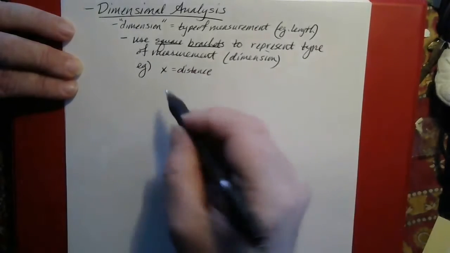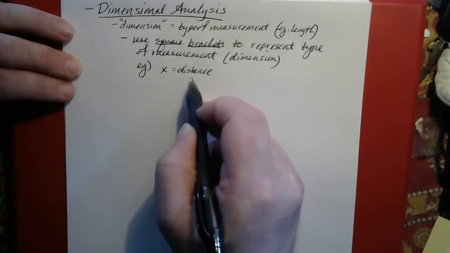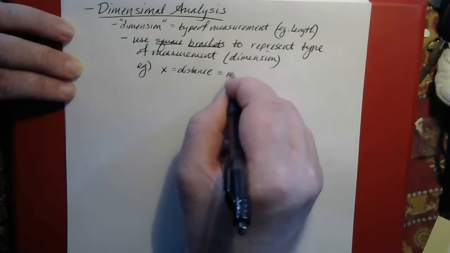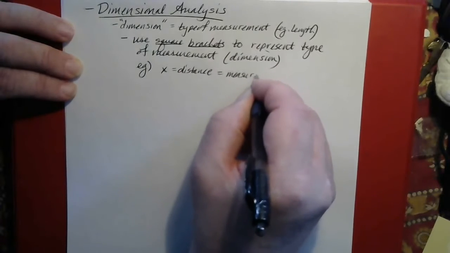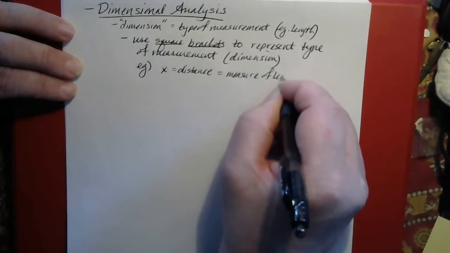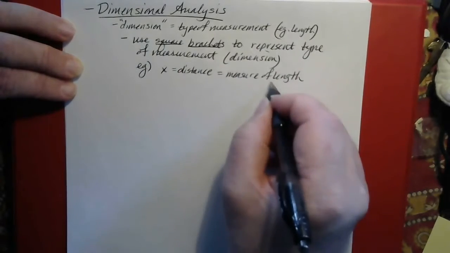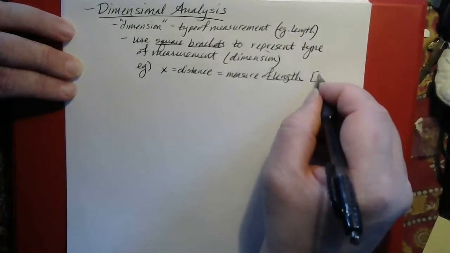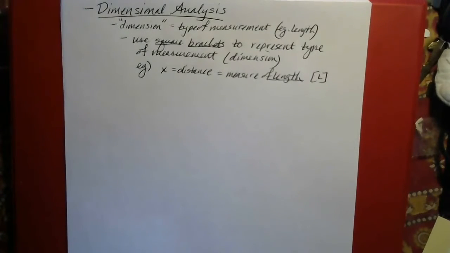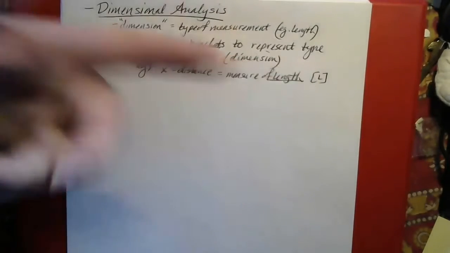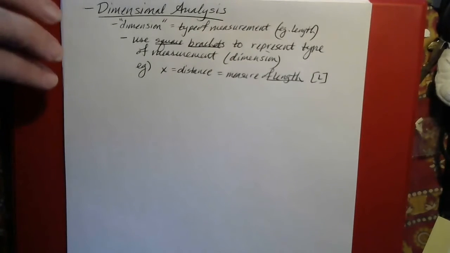So for instance, the variable x usually represents distance. So the dimension would be considered length. And the symbol for a dimension of length in dimensional analysis would be L in square brackets.